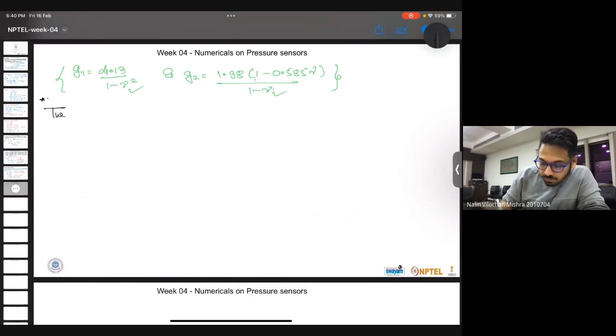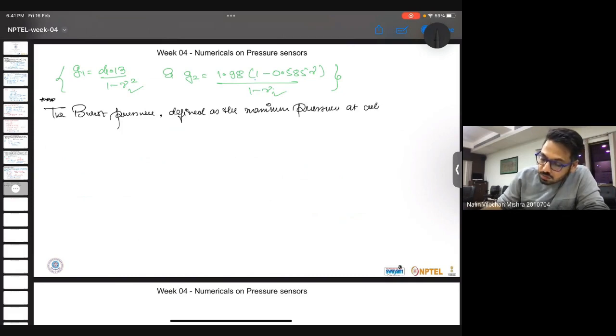This is an important thing. The burst pressure, which is defined as the maximum pressure at which the diaphragm ruptures. Basically, this is the square membrane.